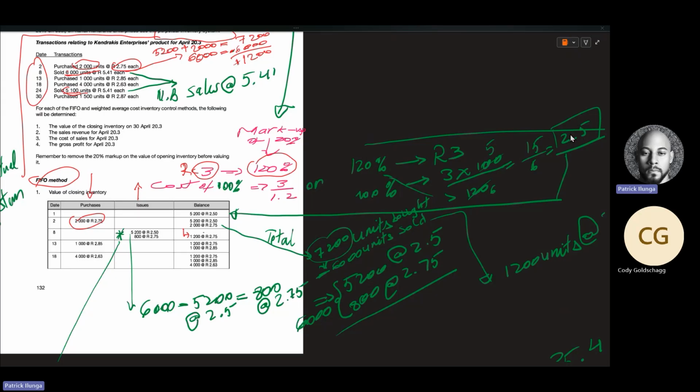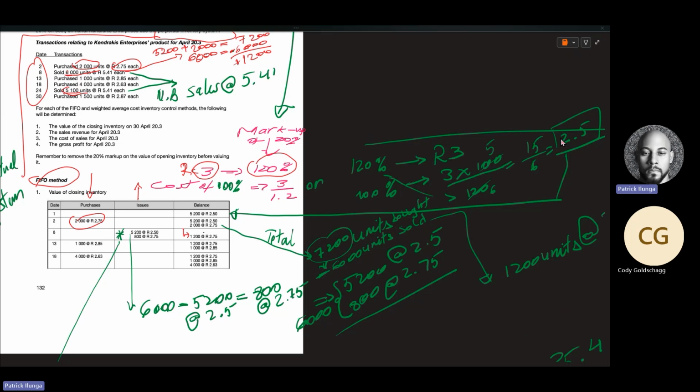And you can check this, because you could multiply this by 1.2, because it's 120, right? You add a markup of 20%. So if you multiply 2.5 times 1.2 in your calculator, you should be able to get 3 rands, right?